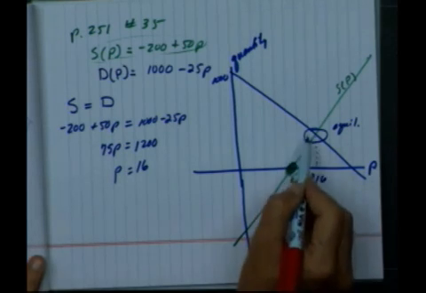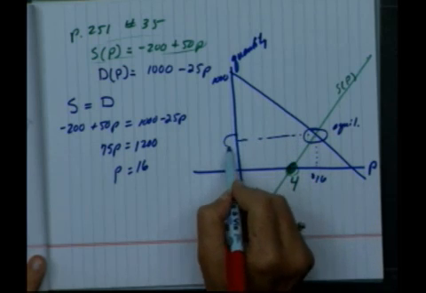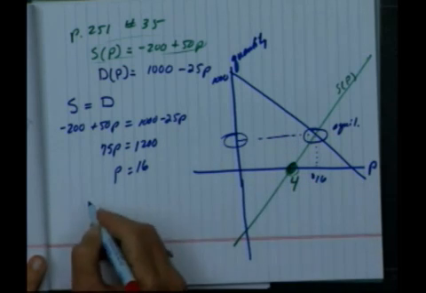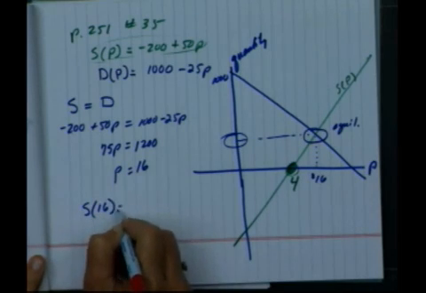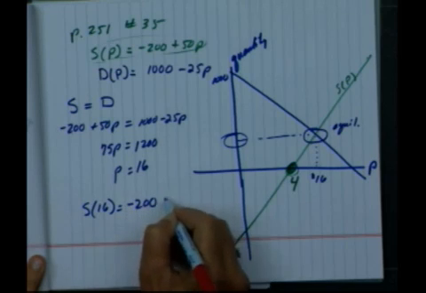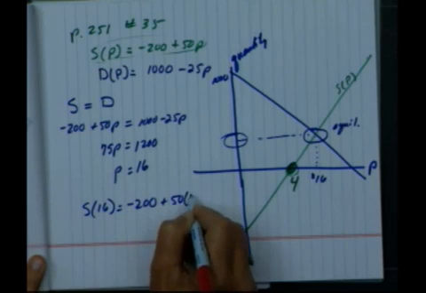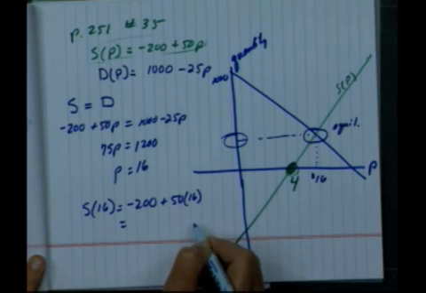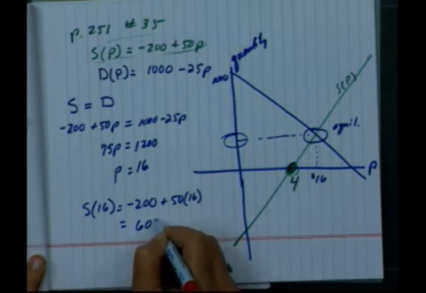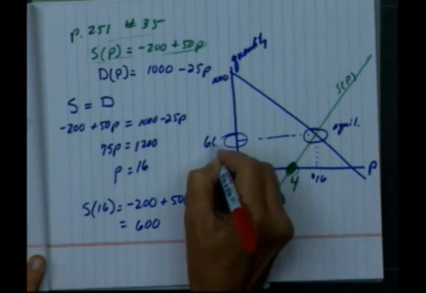All right, let's find out what the quantity is. I can put it in either one, so I'll do S at 16 equals negative 200 plus 50 times 16. Can you tell me what that is? 600. Thank you. All right.